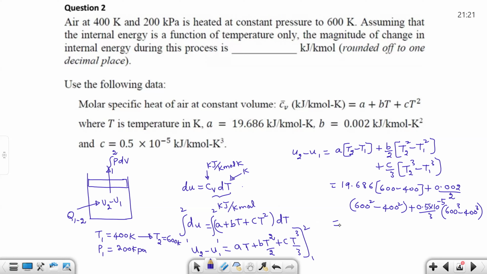Let's see what we are getting. This will be 253.33.